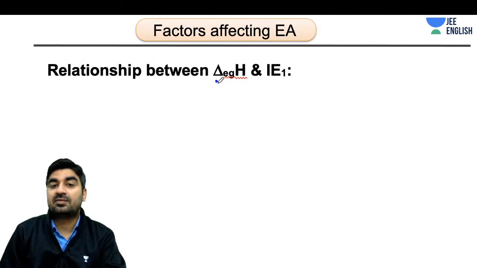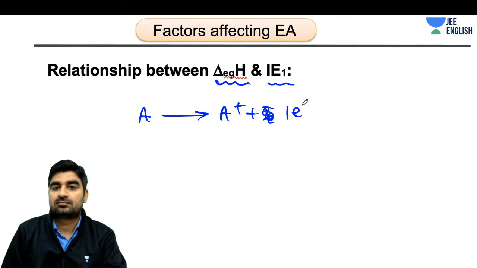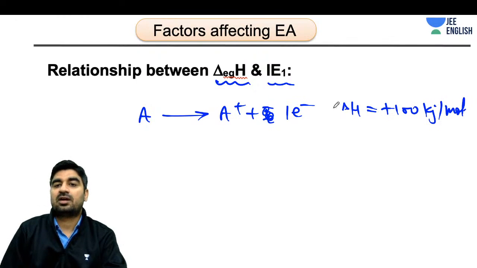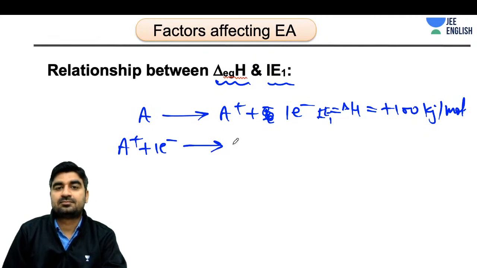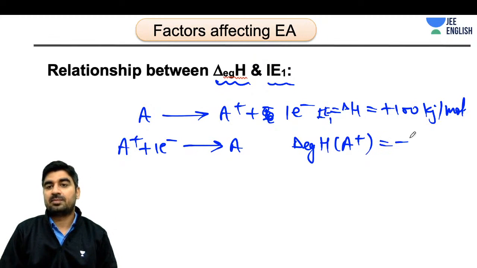So the relationship between electron gain enthalpy and I1. So let's do it. A plus one electron. So this is delta H plus 100 kilojoule per mole. I will call it ionization energy 1. So if I write it in reverse, this is electron gain enthalpy of A plus, not A. So it will be minus 100.